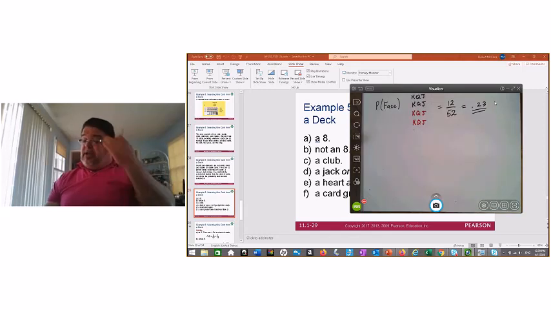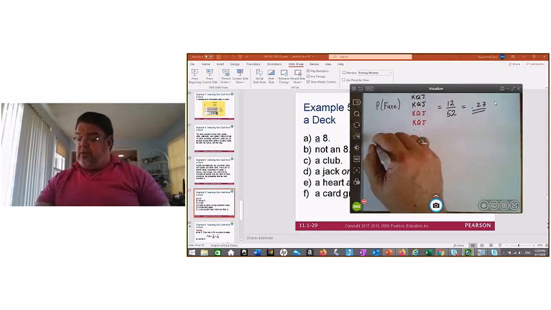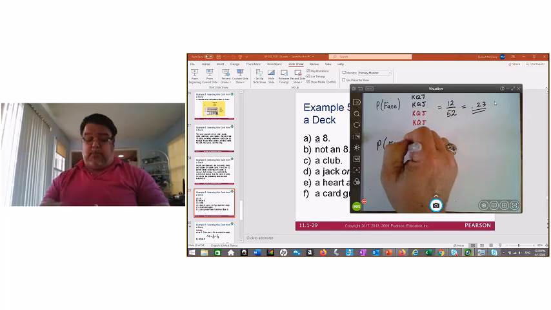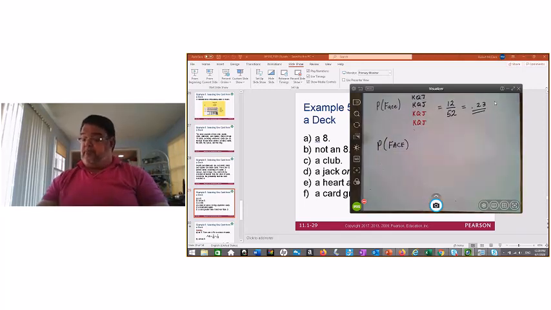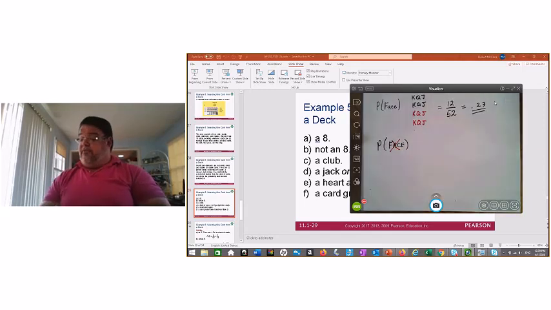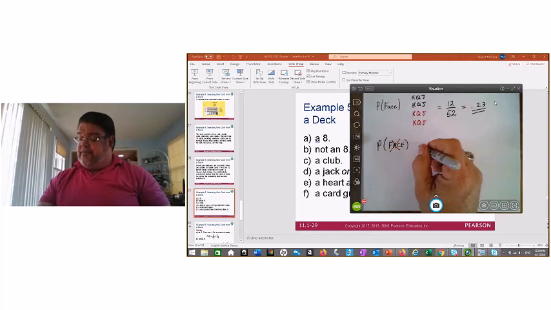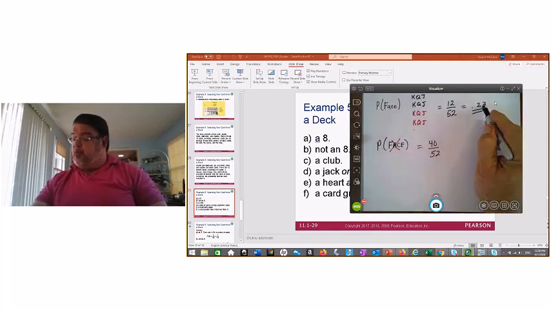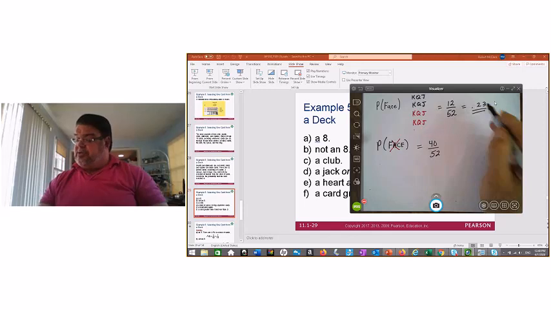So the probability of not a face card would be 40 out of 52, and you just subtract that from 1, and that would be 0.77.